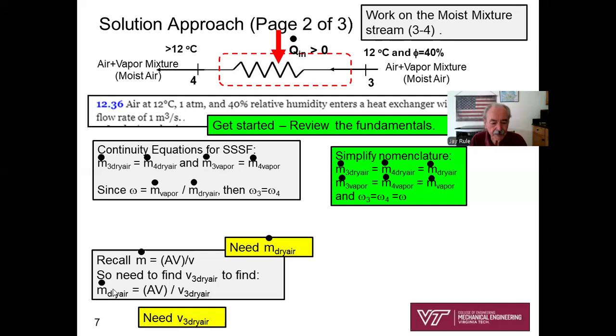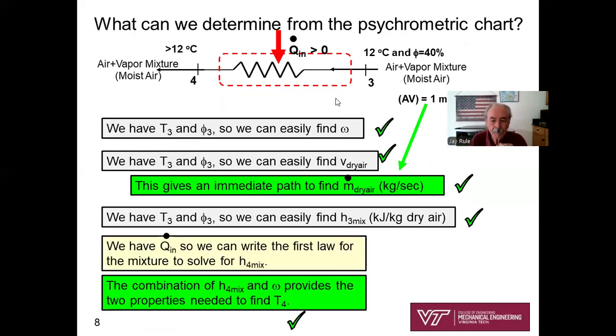And so to get to the m dot of the dry air, you're going to take the volumetric flow rate of the mixture and divide it by the specific volume of the dry air only, v3 of the dry air. So I've made a little note here. We need m dot dry air, and so therefore we need little v3 of the dry air. We're going to be able to get that easily using the psychrometric chart instead of doing computations.